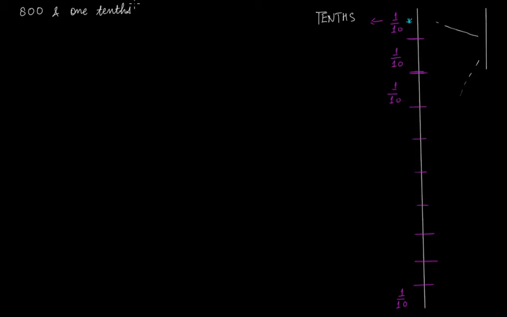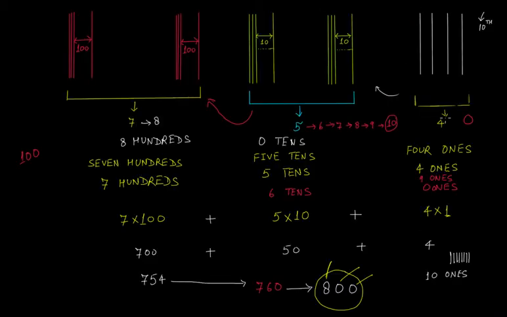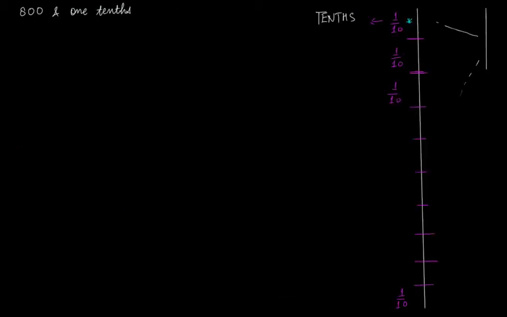1/10. Remember where we did here? This was 4 ones. This was 5 tenths. This was 7 hundredths. So in this case, if we have 800 already, what we discussed before, now if only this portion is given to you out of these 10 equal portions, we will be having 801 tenths.